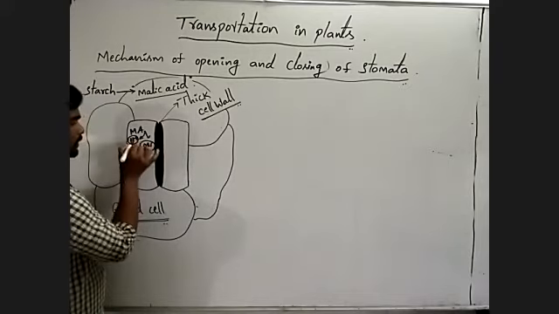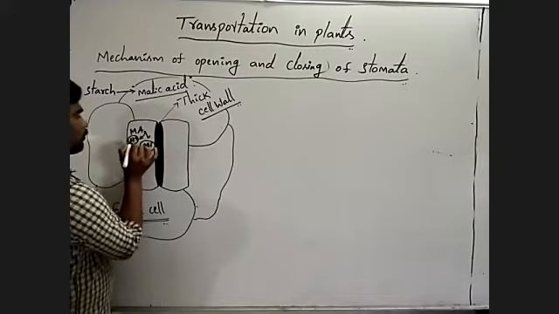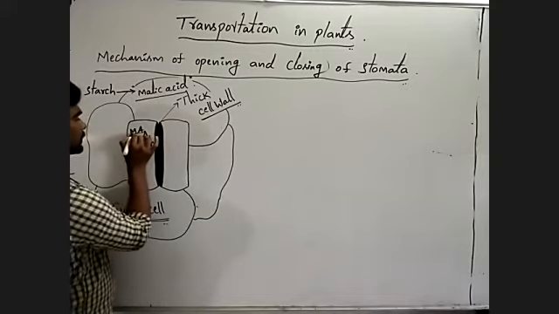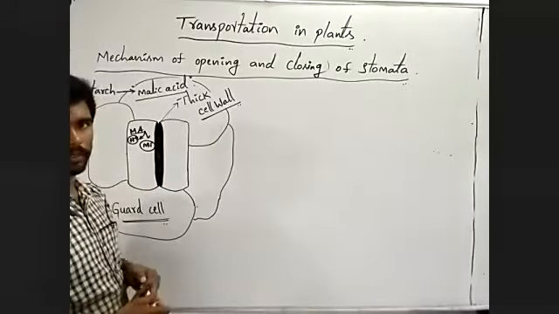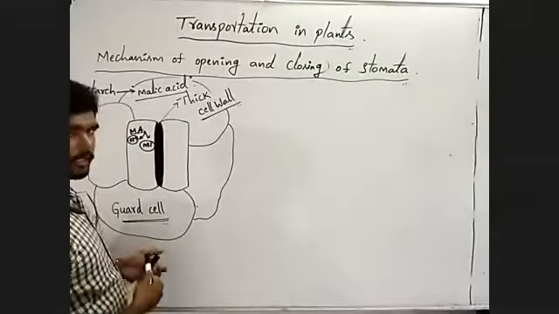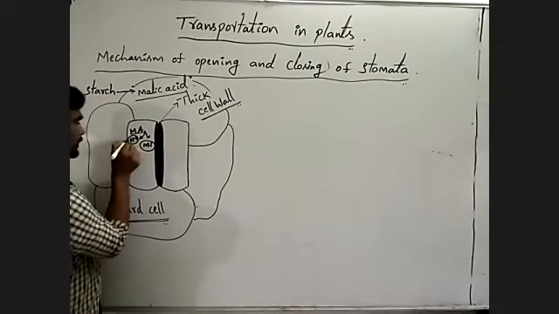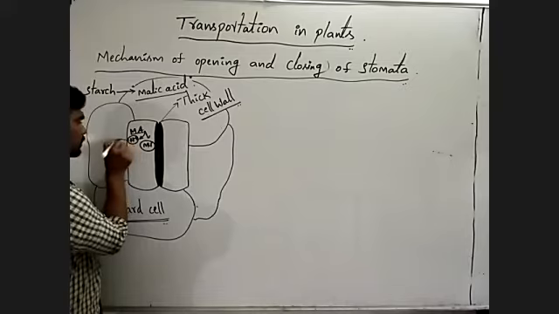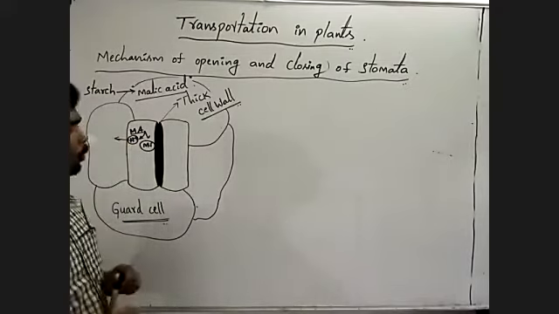Malate ions and H+ ions are formed from the malic acid because of breakdown, ionization. Next, these H+ ions are transported out of the guard cell.